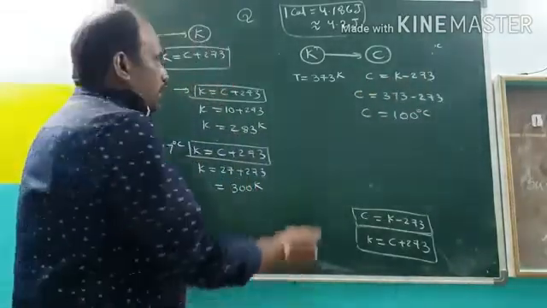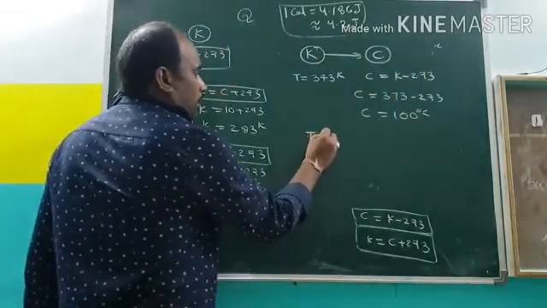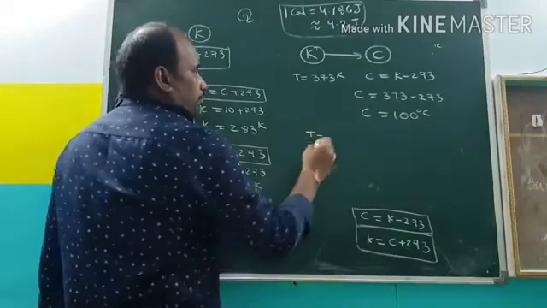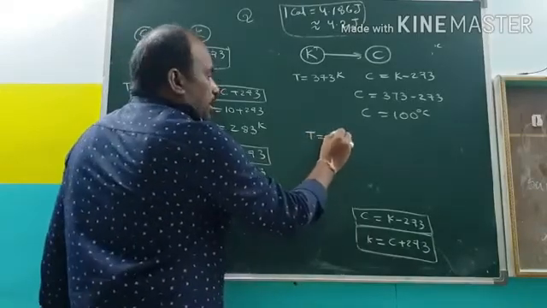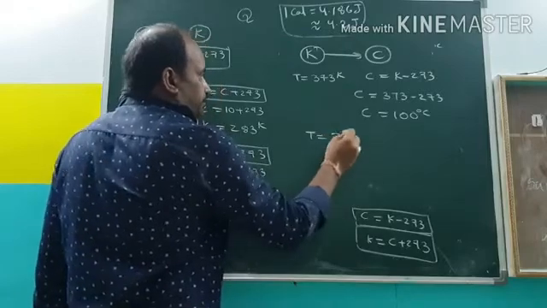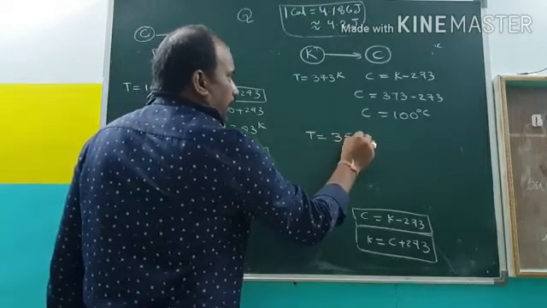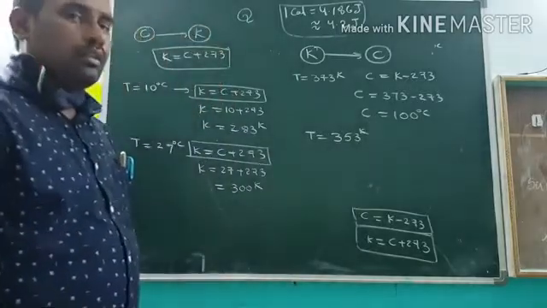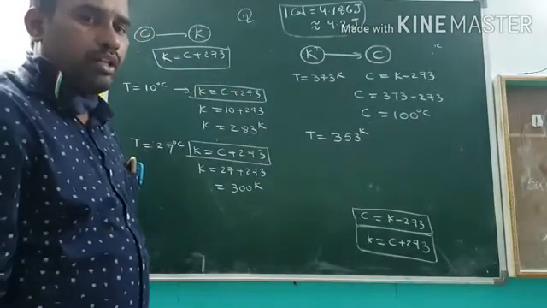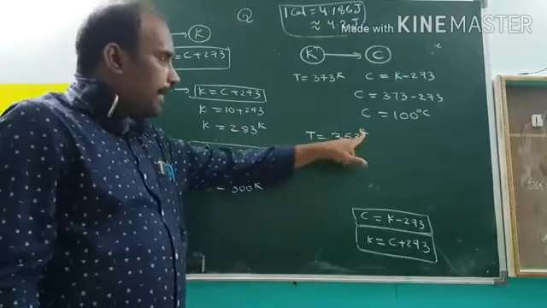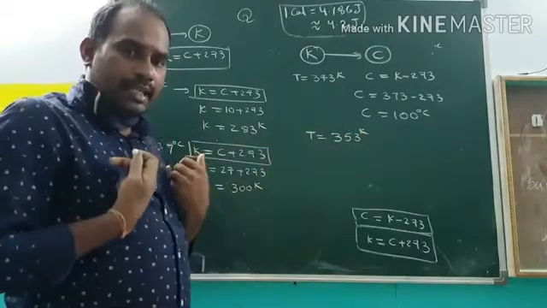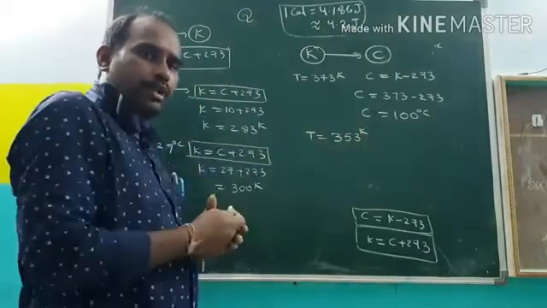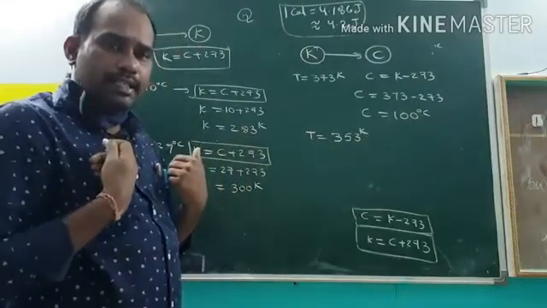Another example. For example, T is equal to 253 Kelvin. How do you do it? They gave me K, and you want C. K means they gave me the Kelvin temperature, and you want Celsius.